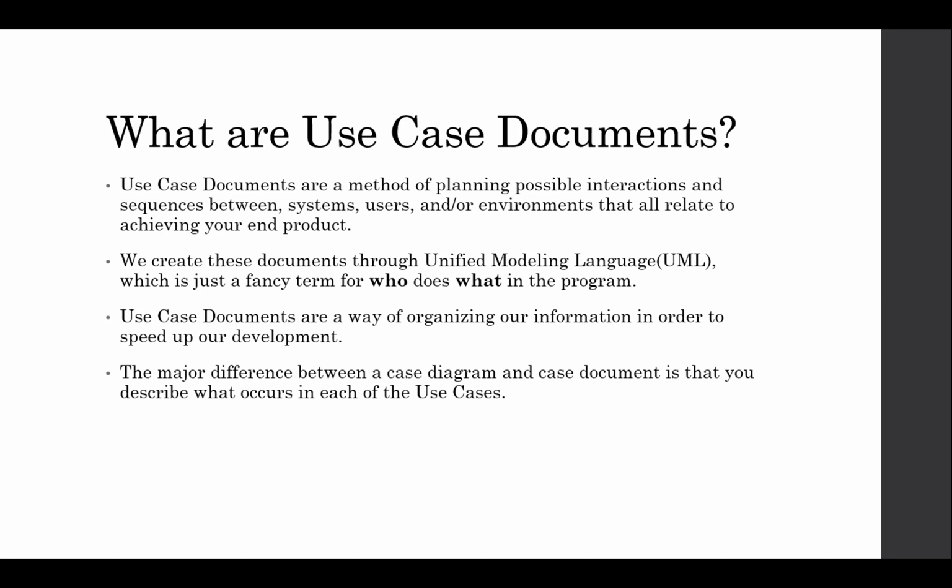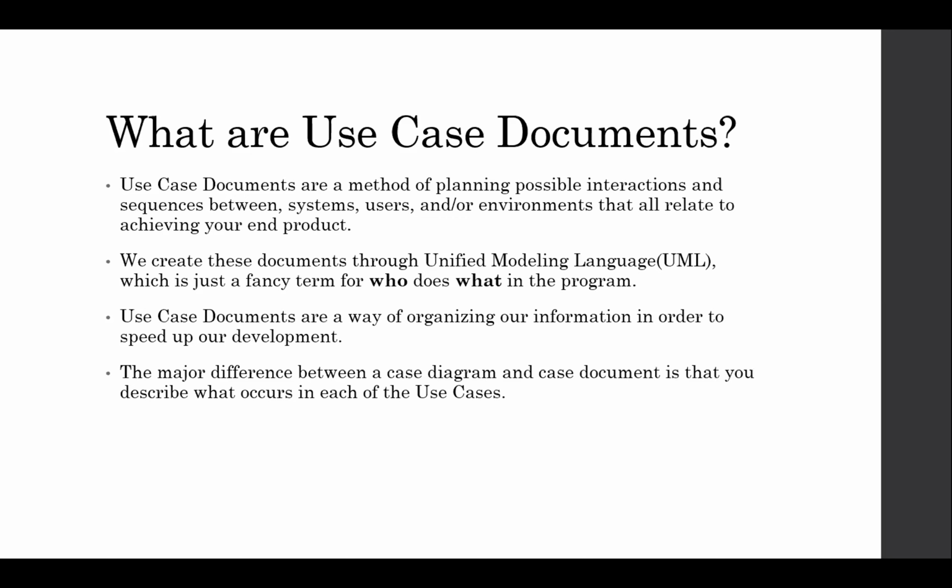We use the same Unified Modeling Language, which is UML, which is just the fancy term for who does what in the program. Use case documents are a way of organizing our information or speeding up our development. I saw that a lot when looking through UML examples. It always uses agile development as the big term.